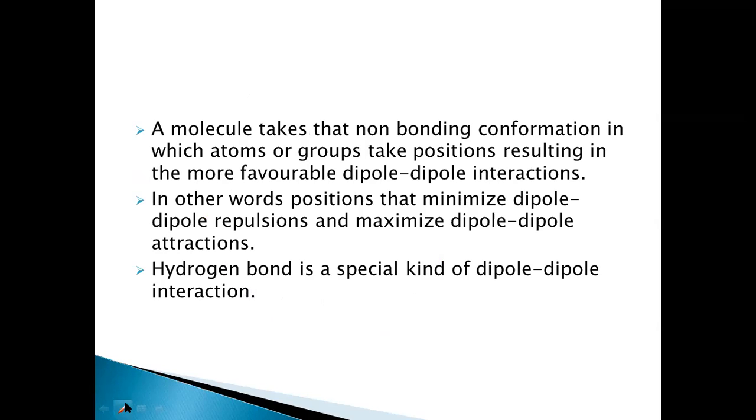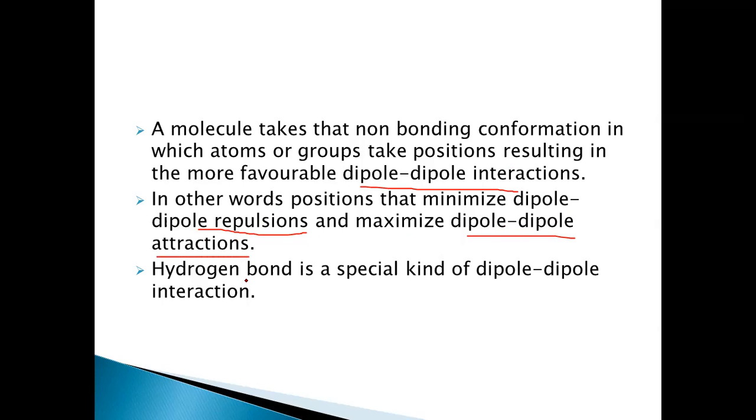Now we can explain this as a molecule which takes the conformation or the position which will result in more favorable dipole-dipole interactions, that is, to maximize the dipole-dipole attractions and to minimize the dipole-dipole repulsions. That means the molecules will align in such a way to minimize the dipole-dipole repulsions and to maximize the dipole-dipole attractions.